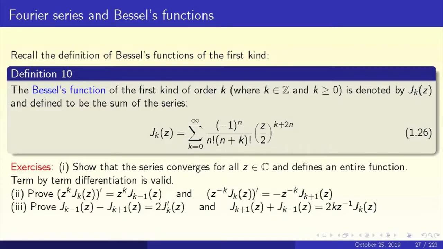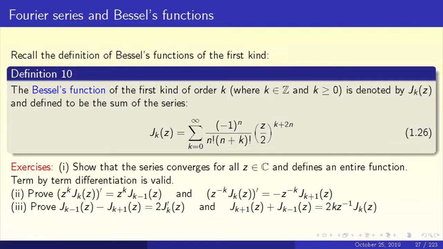Here the disk of convergence is the whole of C, so you can differentiate the power series as many times as you want. And the derivative J_k'(z) is obtained by simply differentiating the series term by term, carrying the differentiation under the summation sign.